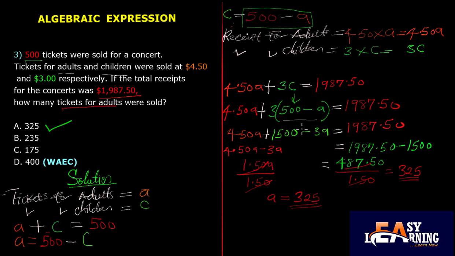When we collected like terms, it became 4.50 minus 3A, and of course this one moved over, and the sign changes to subtraction. Finding A, we divided both sides by the coefficient of A, that's 1.50, and what we had as our answer was 325. That's the total numbers of tickets for the adults in that concert.